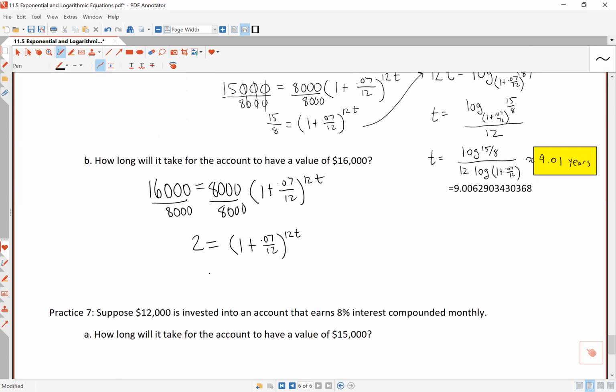So this time it's going to say that 12t is equal to the log base 1 plus 0.07 over 12 of 2, or t equals log of 2 base 1 plus 0.07 over 12.